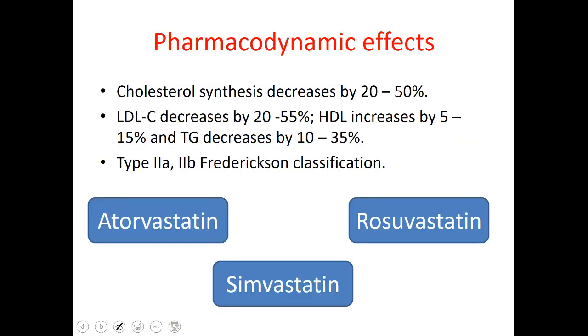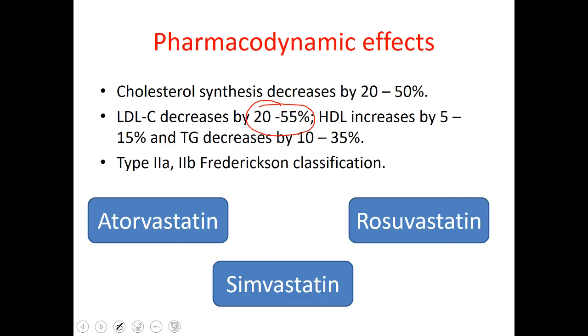So, put together, the main effect of statin is going to be on the lipids. Particularly, it is going to decrease the LDL cholesterol to an extent of around 20 to 50%, which is very good. In fact, statins have the maximum reduction in LDL cholesterol.